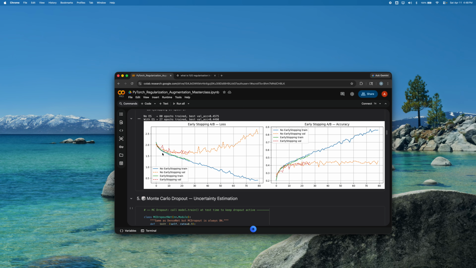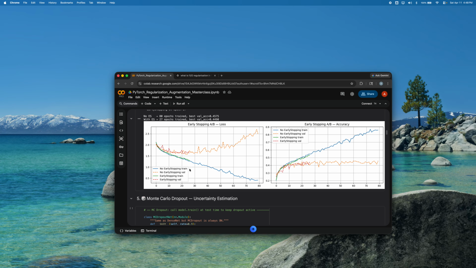Here you can see that the blue and the orange line are without early stopping. Here you can see the training loss. Even though the training loss is decreasing, the validation loss is increasing. This is the main overfitting situation, and we don't want that, because it means that the model is overfitted on the training data and it's not working well on unseen data.